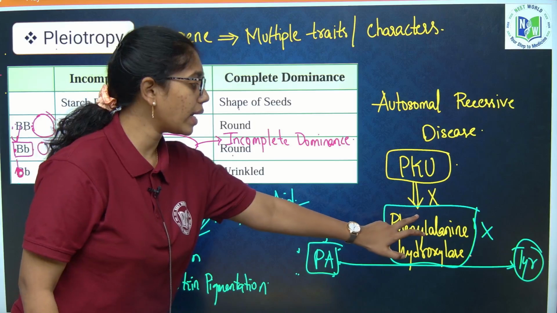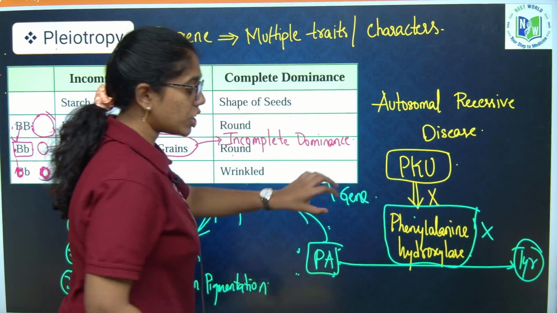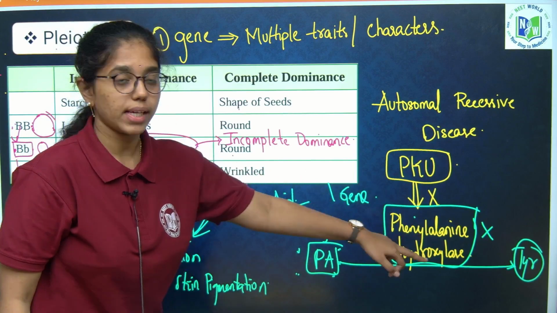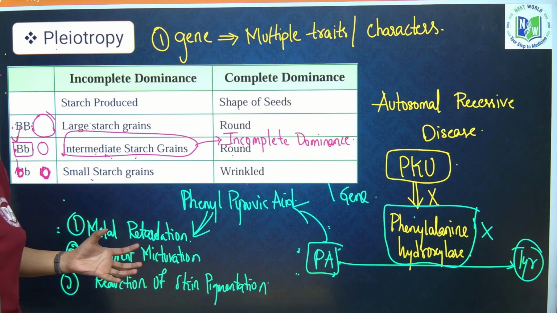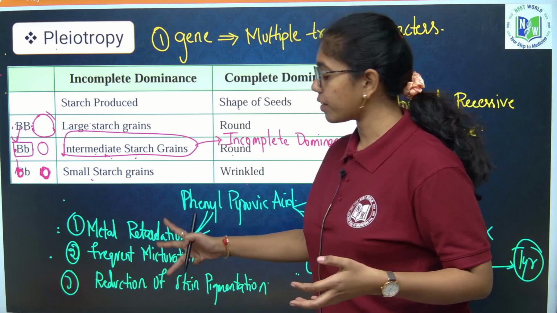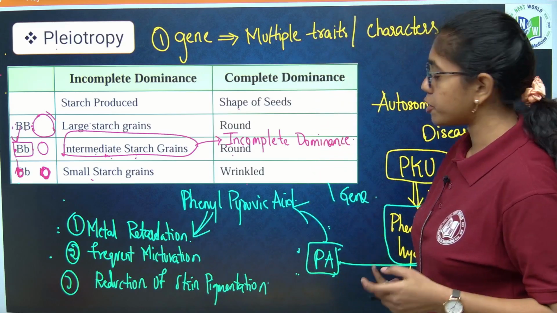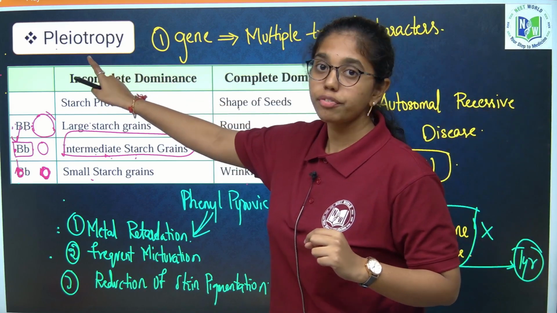Because of the one enzyme, means one gene is coding for one enzyme, just because of the absence of one enzyme, multiple characters are shown. One is mental retardation, frequent micturition and skin depigmentation, okay, reduction of skin pigmentation. As multiple effects are shown because of the absence of one enzyme or one gene, this is also a very good example of pleiotropy.